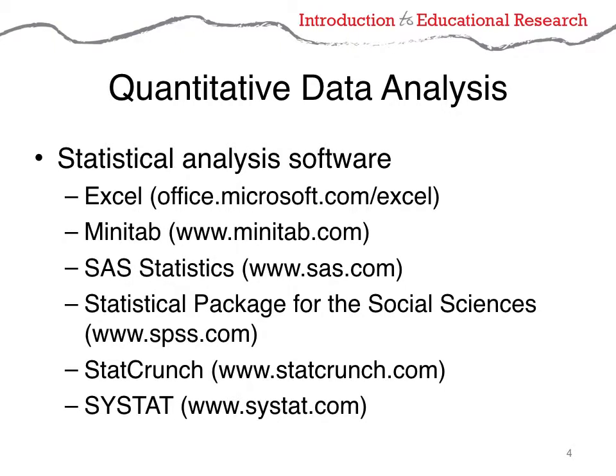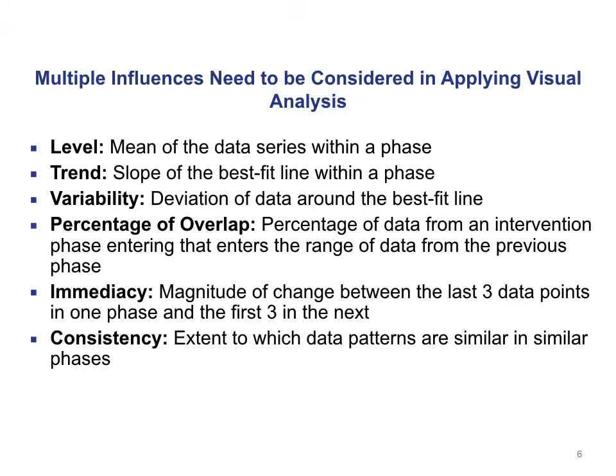Some of you may have experience with statistical software, Excel being a very, very popular one, but there's others such as SPSS, another very popular one. Minitab, SAS are other examples. R is another statistical tool set that you may have some knowledge about.